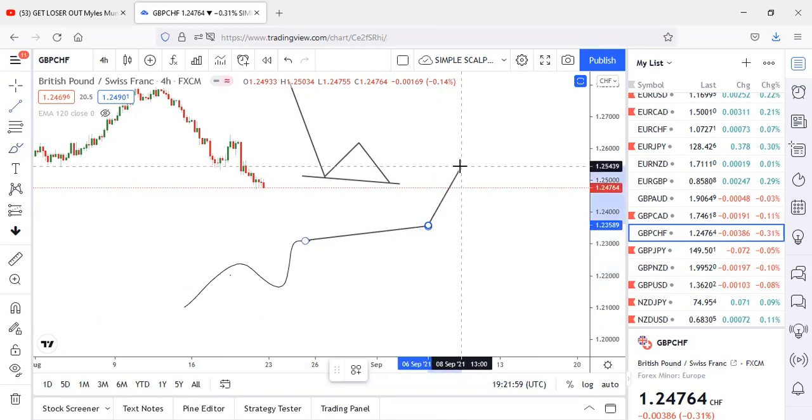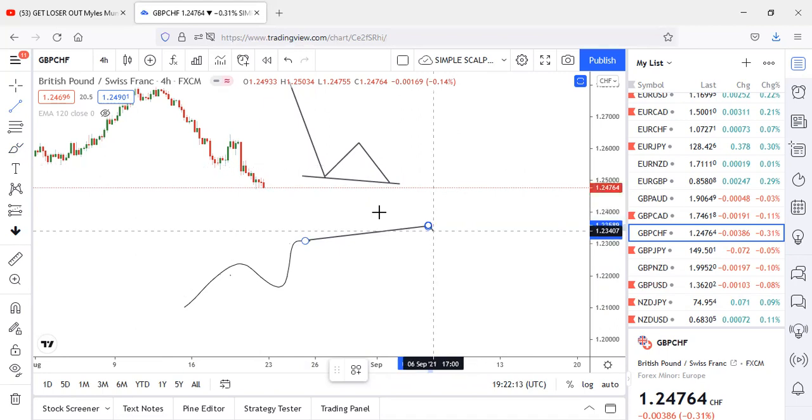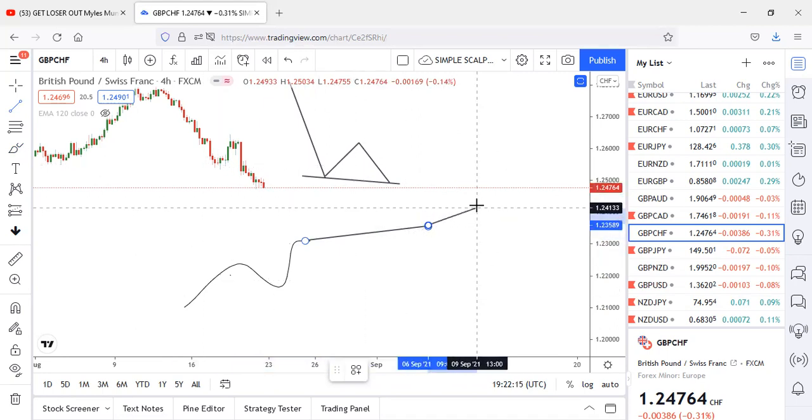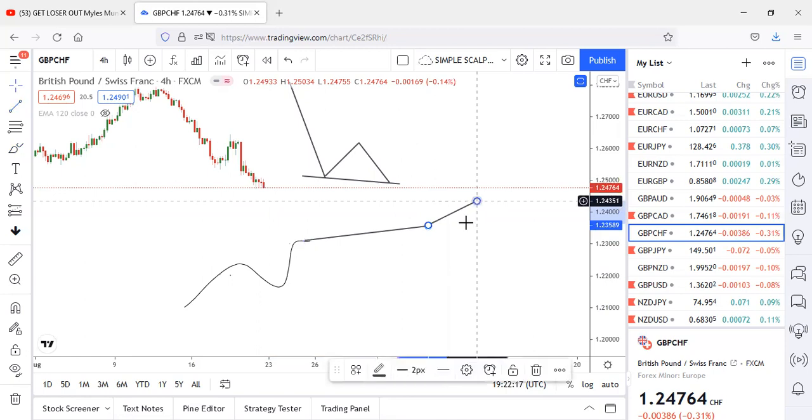Actually you should know that we have continuation for stochastic and we also have reversal, right? But today we want to talk about the reversal. What I have shared with you right here is just for continuation.